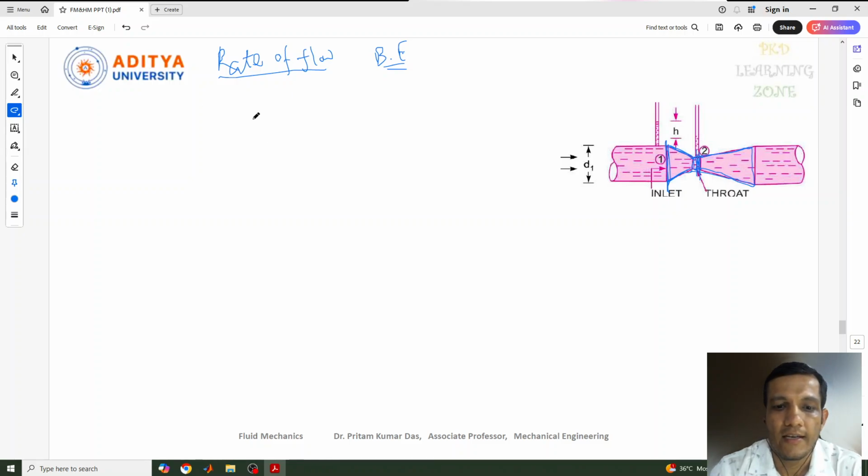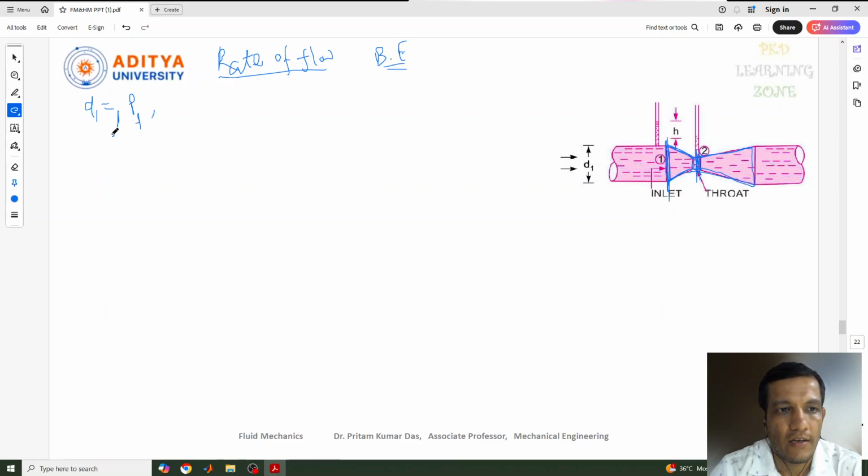For that, section 1 and section 2 are to be considered. At section 1, D1 is the diameter of the pipe at section 1, and P1 is the pressure at section 1.